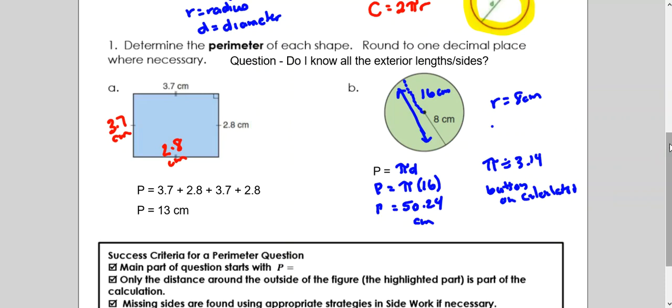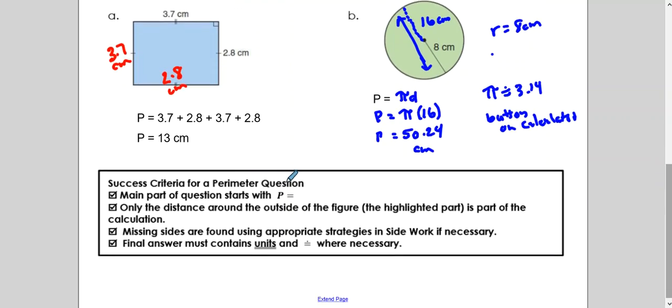So when we show our work for a perimeter question, especially with full solutions, put P equals, so start it like an equation. Only the distance around the outside of the figure is calculated. Maybe there's parts of it where it's a half circle, or maybe there's lines inside this rectangle, whatever.